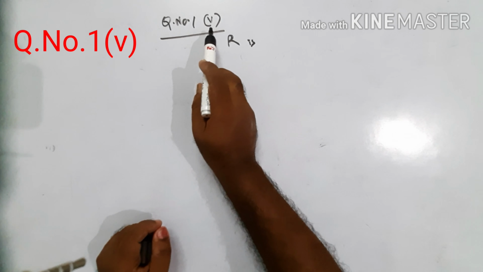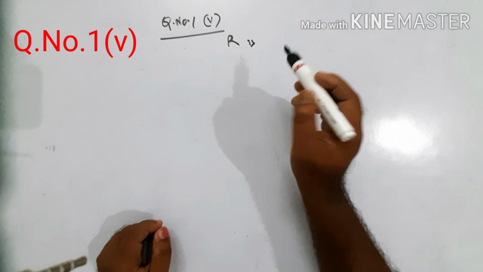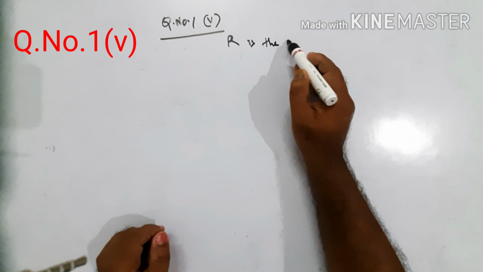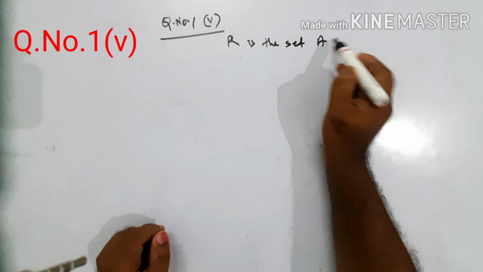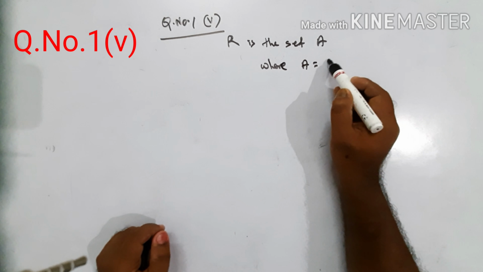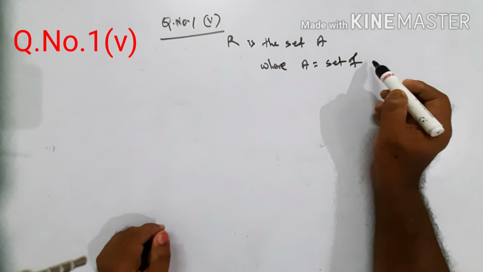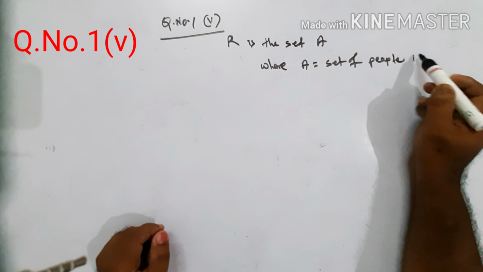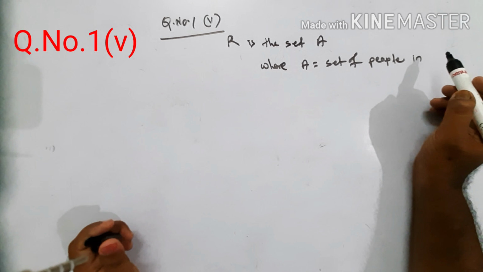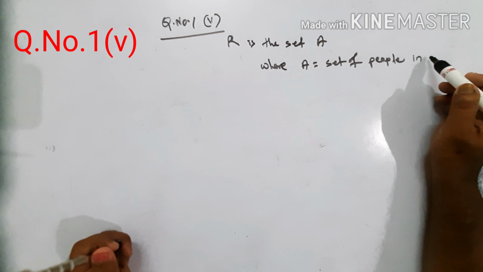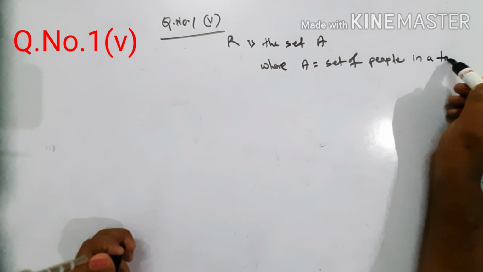Now question 1, section B. R is defined in the set A, where A equals the set of people in a city or in a town.